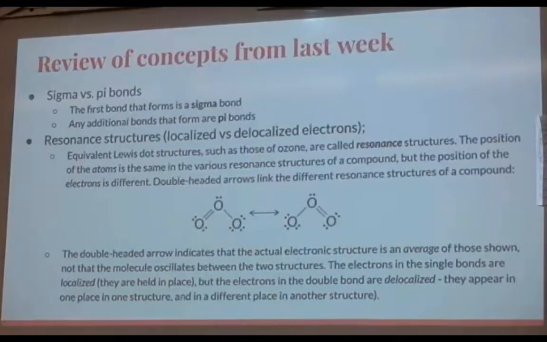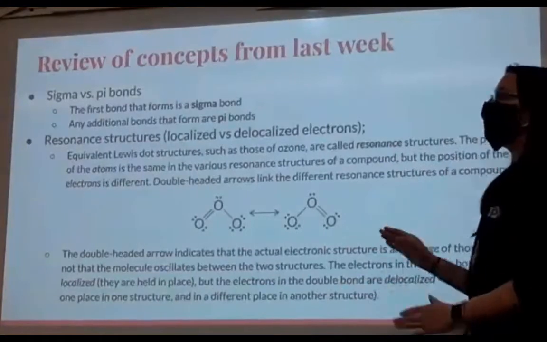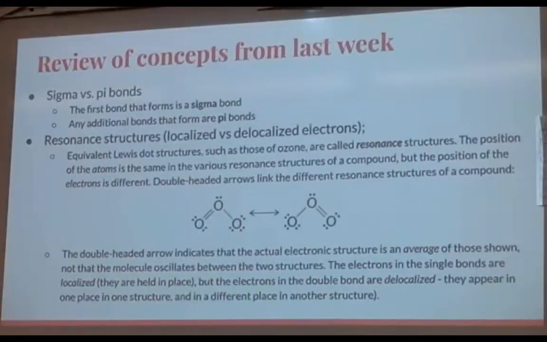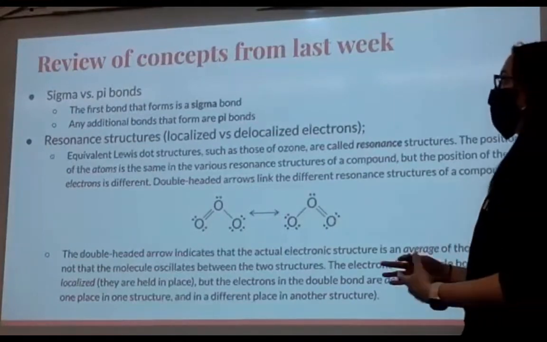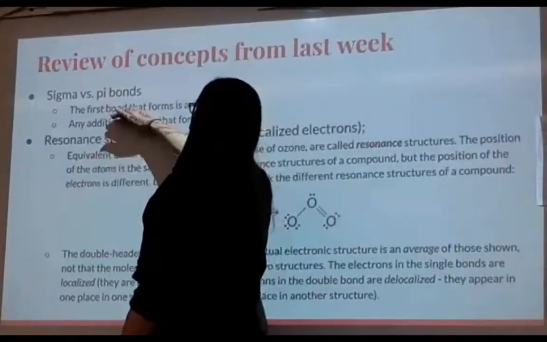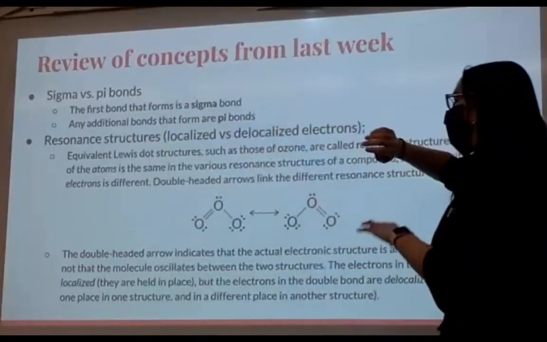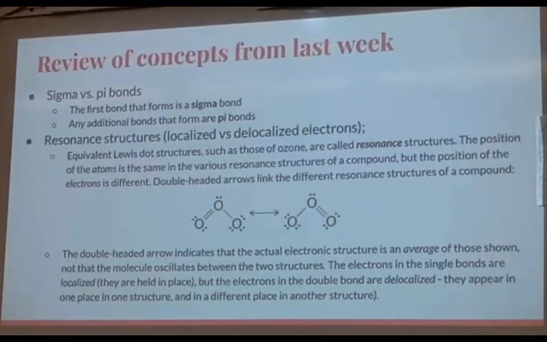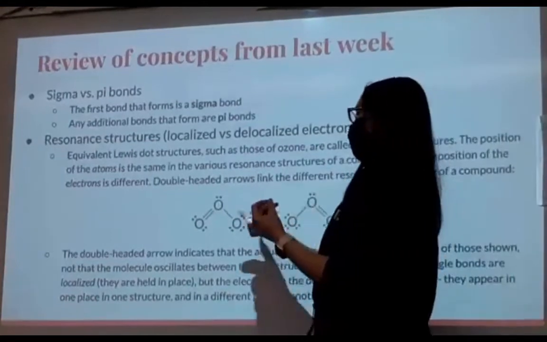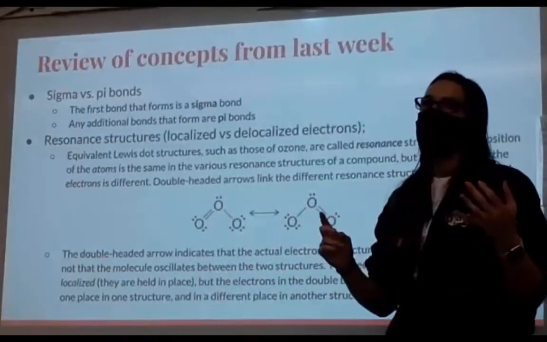One is end-to-end, one is side-by-side. You don't have to worry about that. You need to be able to identify how many sigma bonds and how many pi bonds, and that's based on the Lewis structure. The first bond that forms, no matter what the Lewis structure is, is always sigma. Every bond after that between two atoms is a pi bond.